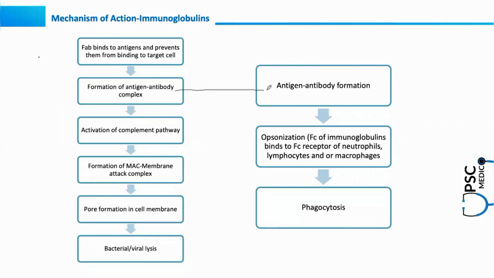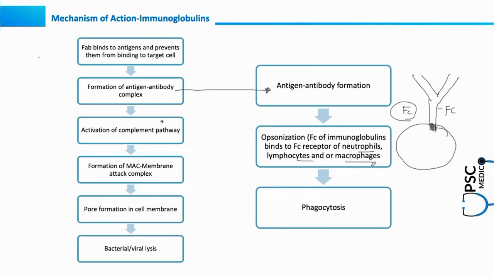After formation of the antigen antibody complex, sometimes instead of complement pathway activation, we have the Fc portion, the neck region, the constant region. The Fc portion of the immunoglobulins binds to the Fc receptors present on the neutrophils, lymphocytes, and macrophages.